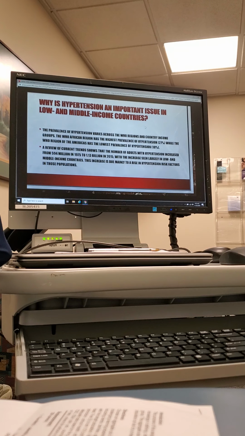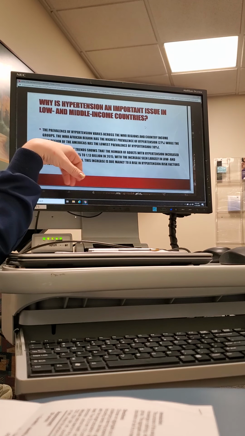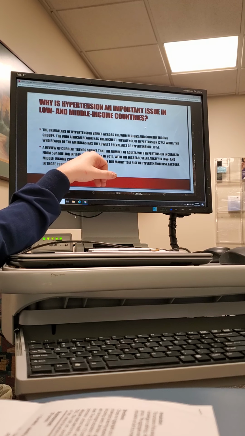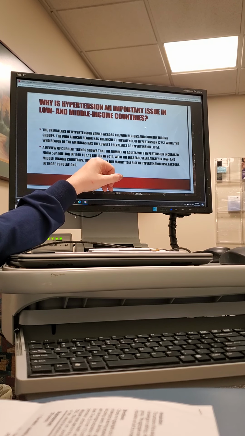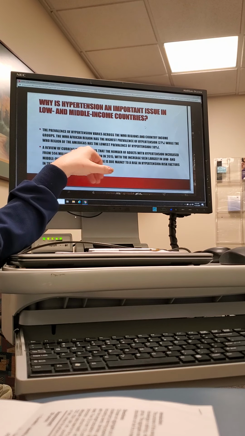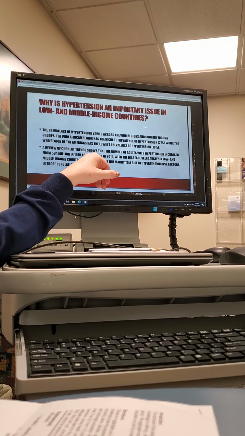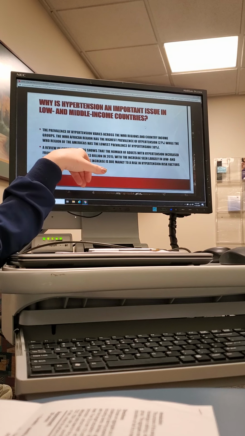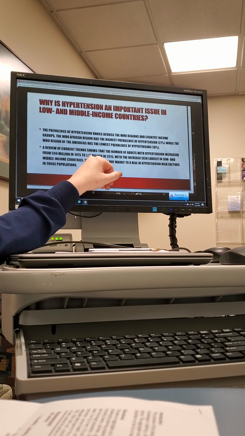Review of current trends shows that the number of adults with hypertension has increased from 594 million in 1975 to 1.3 billion in 2015. So that is 40 years? That's 40 years. That's how much it's jumped. Wow.